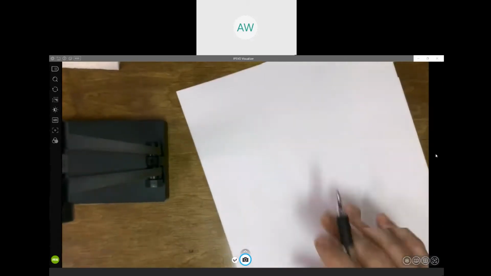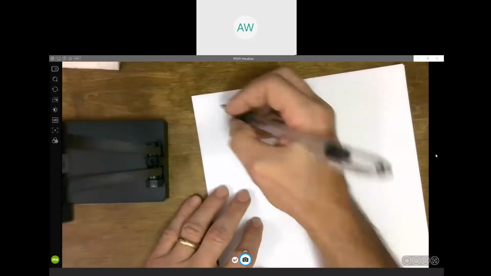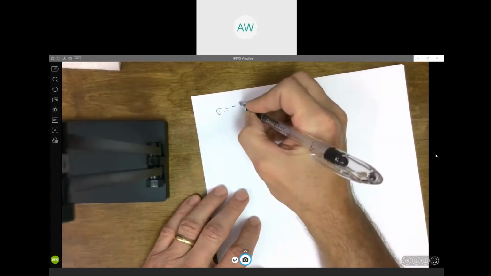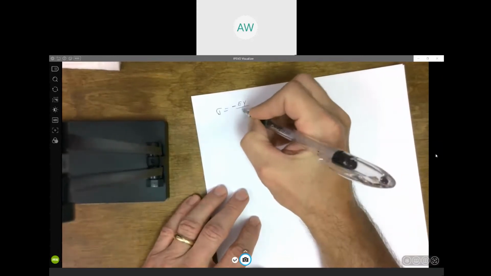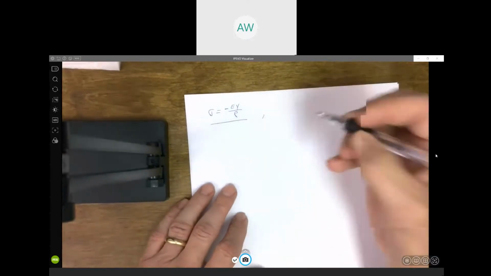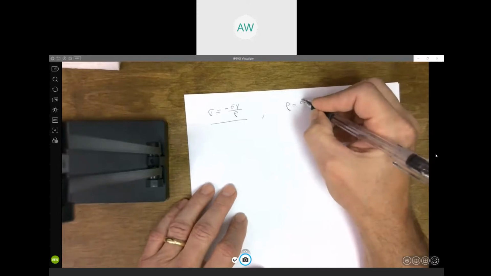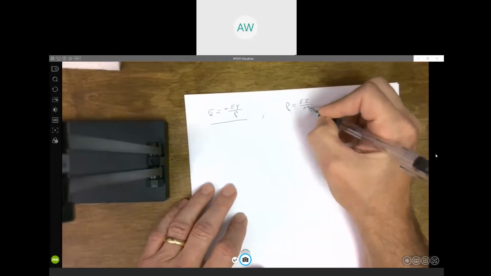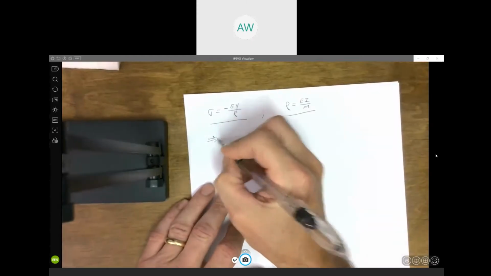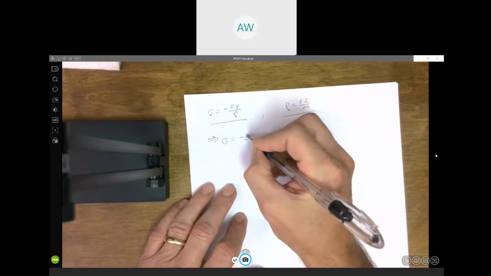So previously we said the stress was minus Ey over rho. That was the first thing we came up with. We just came up with this one, that rho is equal to EI over M. So we're going to substitute in here, and we get the stress is minus Ey.